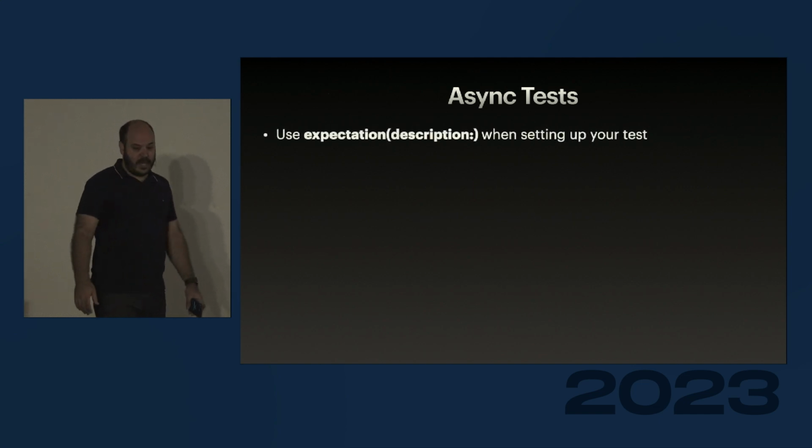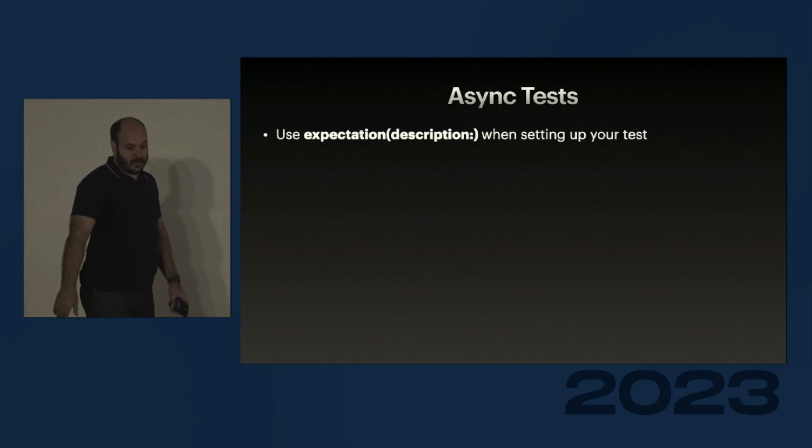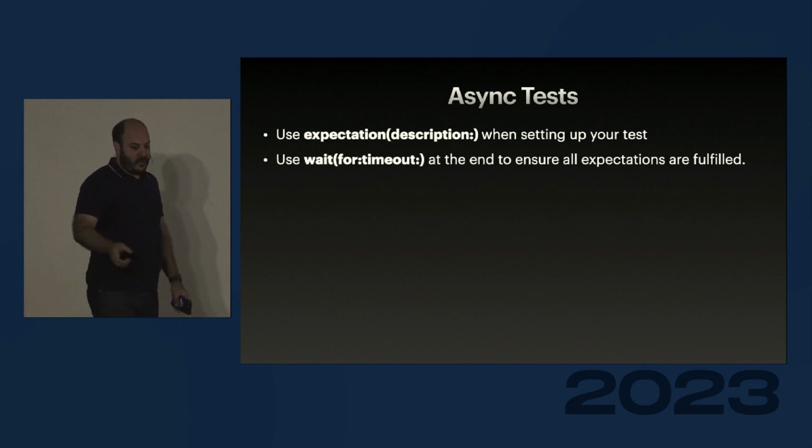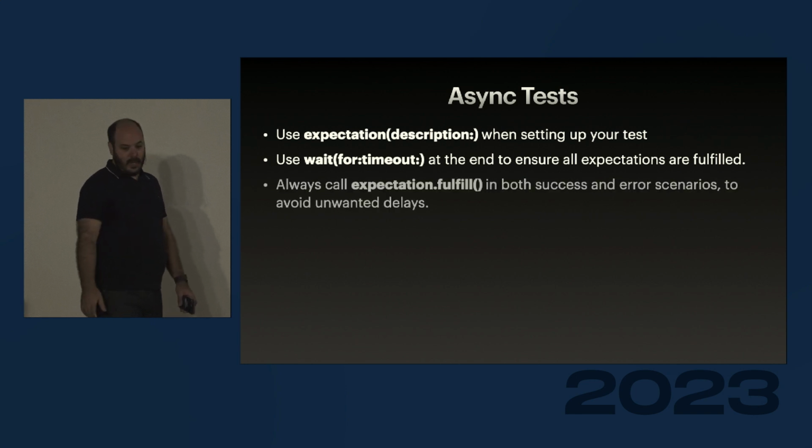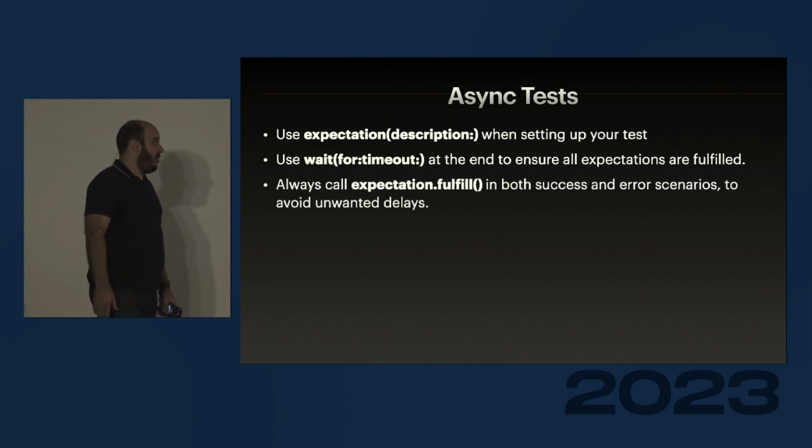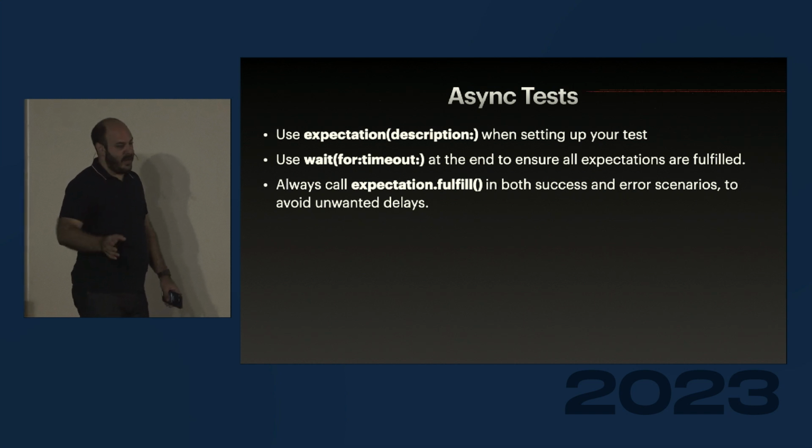For asynchronous testing, I use expectations with descriptions in order to set up what is expected to be called, the wait for timeout as well, and the expectation fulfill. My tip here is: please don't forget to call it in the unexpected path or scenario. I have seen this a lot.